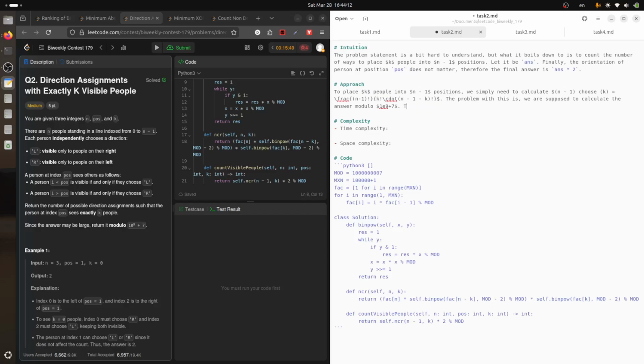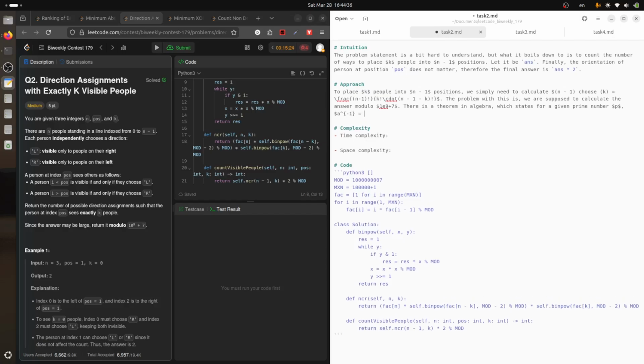So okay, there is a theorem in algebra which states that for a given prime number p, a to the power of minus 1 is equal to a to the power of p minus 2. In our case, p is equal to 10^9+7. So we are almost done.